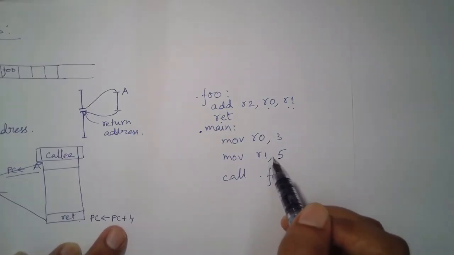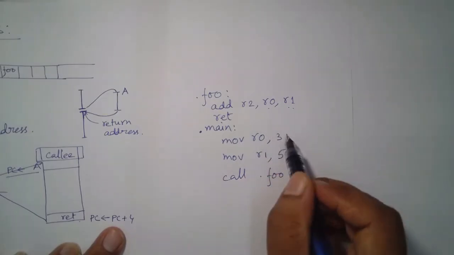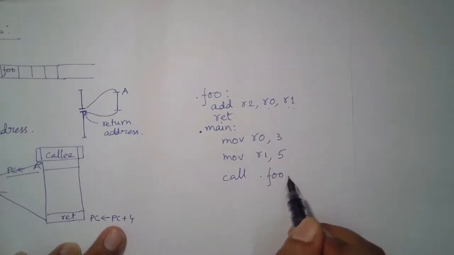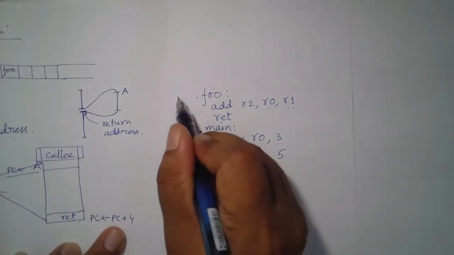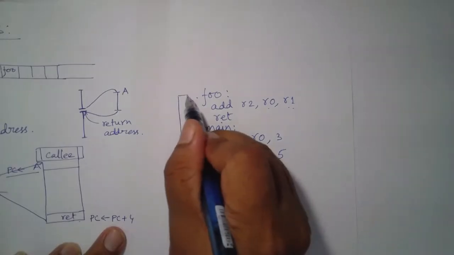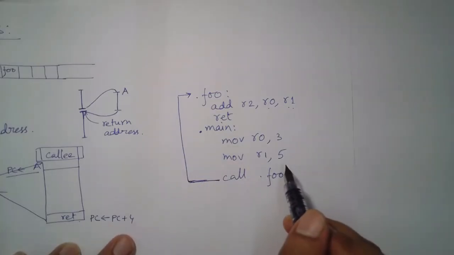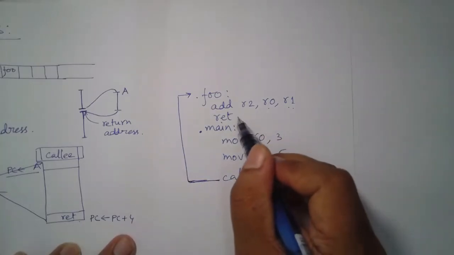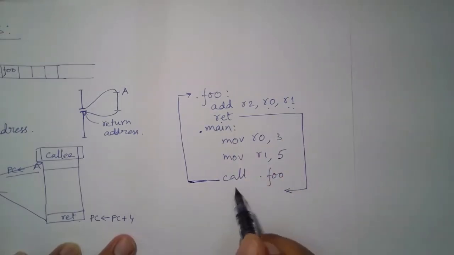If you look at the flow, the main program was getting executed, then you call this function. As soon as you reach this call, you go to this label to start executing the function, and once your execution is done, you come back to the next instruction which is after this call.